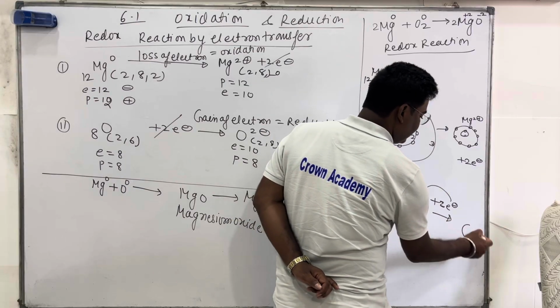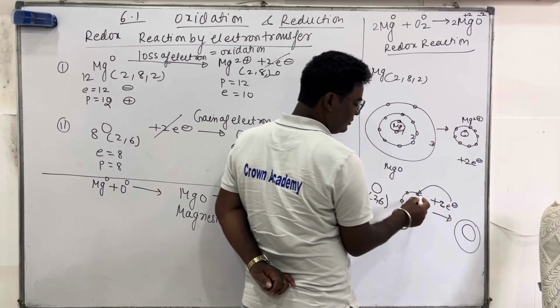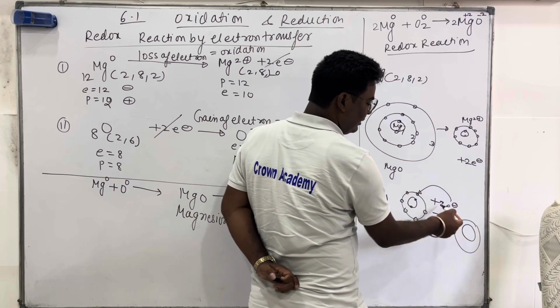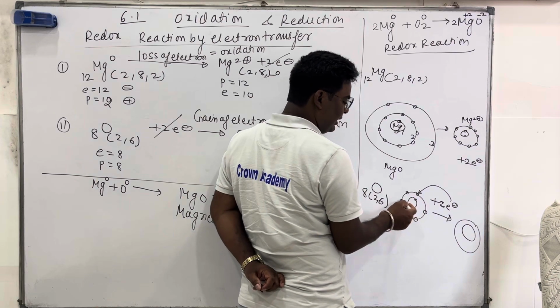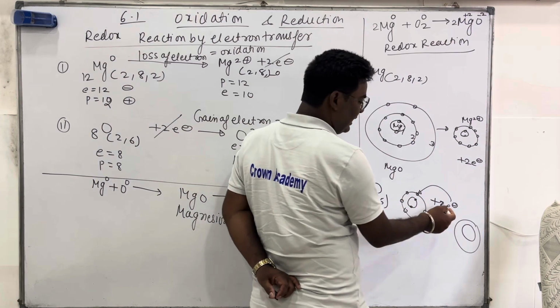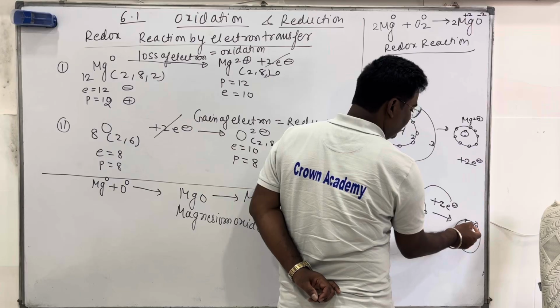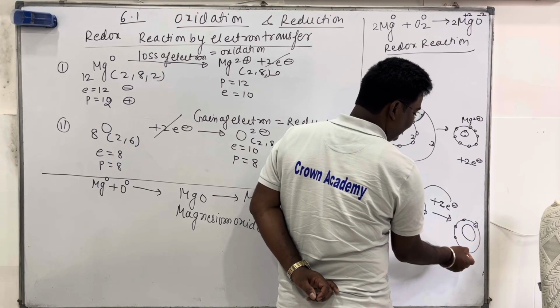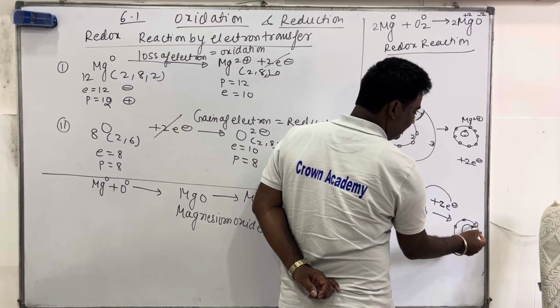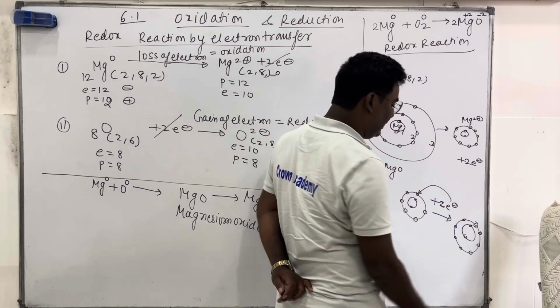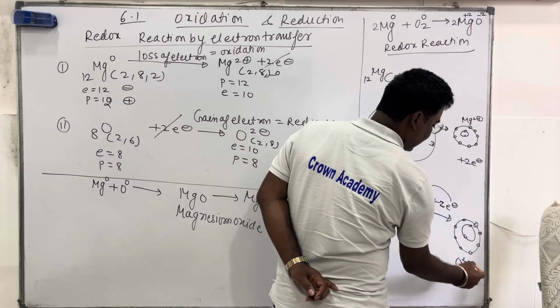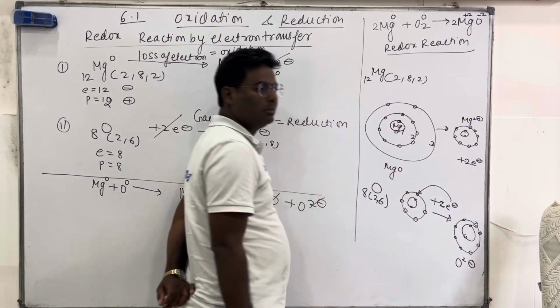So 8 electrons will now be in the last orbit. Before, it was having 6. We are adding 2 electrons, so it will be 1, 2, 3, 4, 5, 6, 7, 8. That's why we are writing O2-.